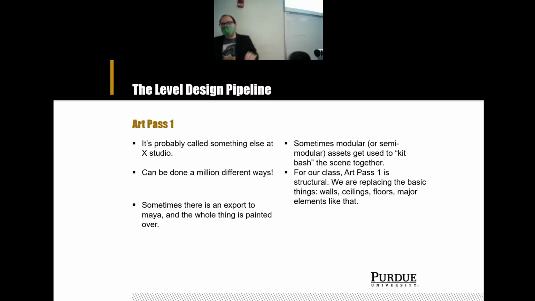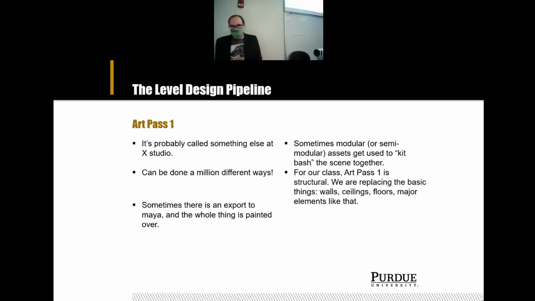For our class, when you pick your project to take to this stage, really what you'll be doing is focusing on structural things. So this is, okay, I'm going to make sure that walls, ceilings, floors all have materials on them now, that they are proper static meshes, or at least they have a good looking material.